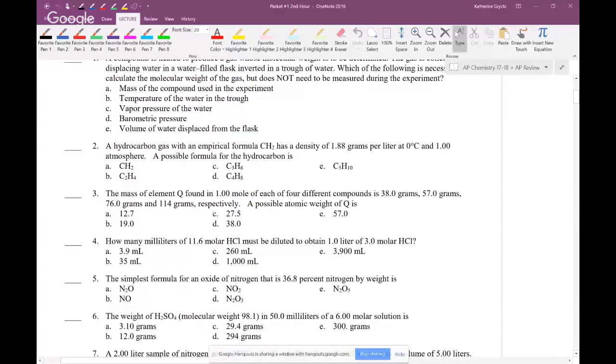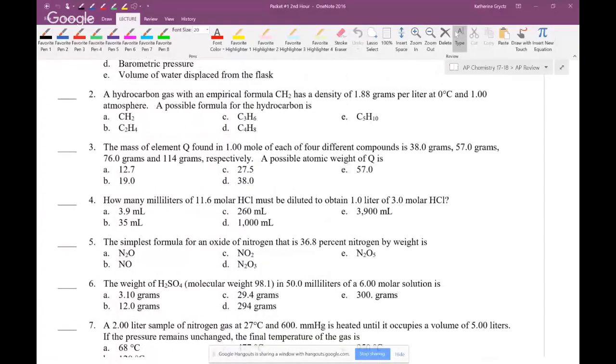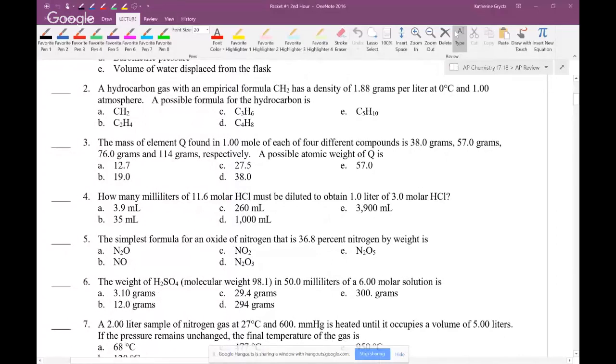These are more like helping you practice different things. All right. So we've got an empirical formula, CH2, and it gives us a density, a temperature, and a pressure, and wants to know what the formula is going to be. So what can you find out from density, T, and P? Molar mass.